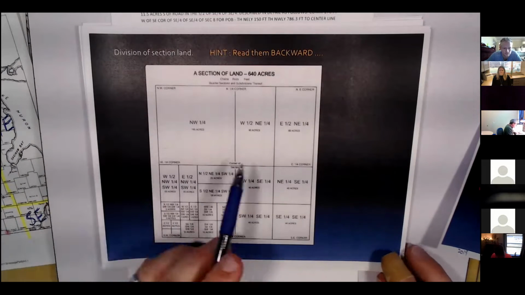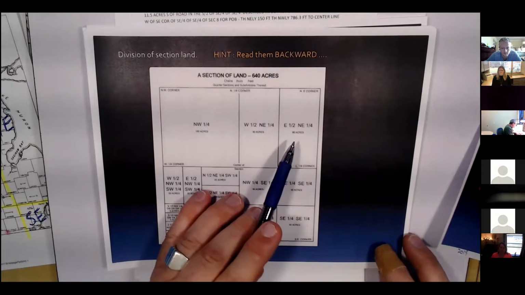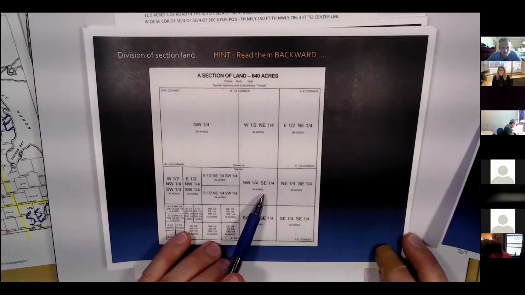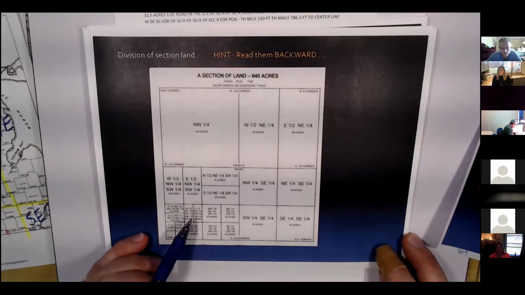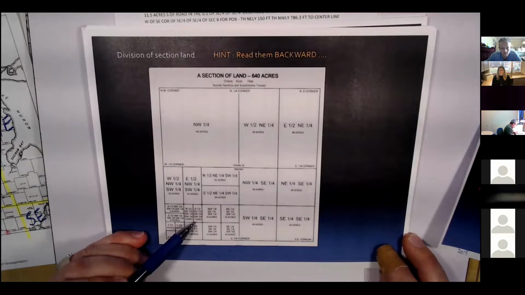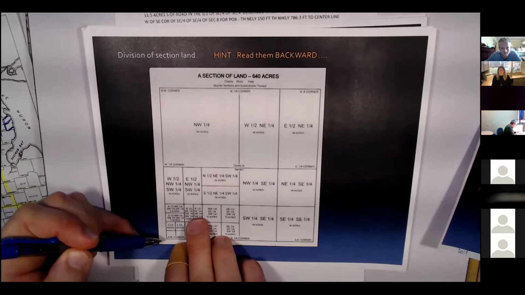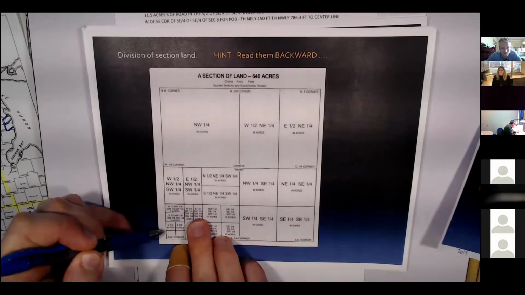As I mentioned before, when you get into your descriptions of land of acreage parcels, they're going to be described a lot of times something like this. It's the east half of the northeast of the southwest of the southwest. And you read these in reverse. Figure out where your southwest is. That's this. And then the southwest of the southwest is this.